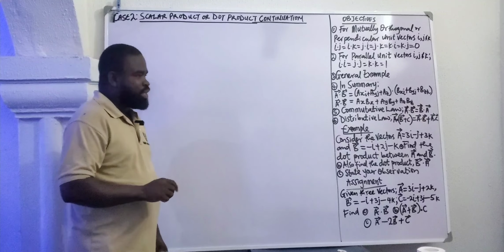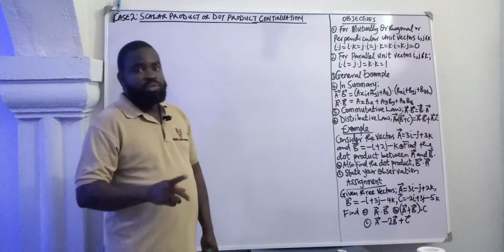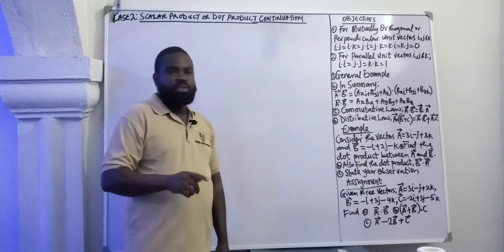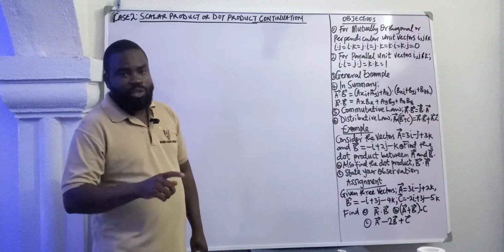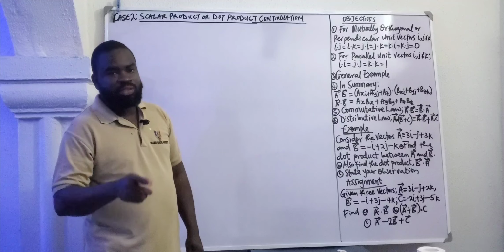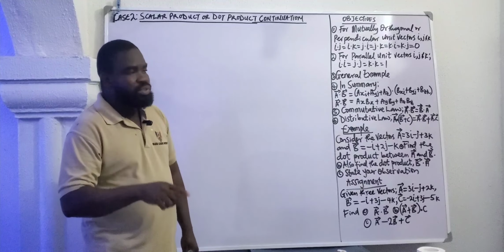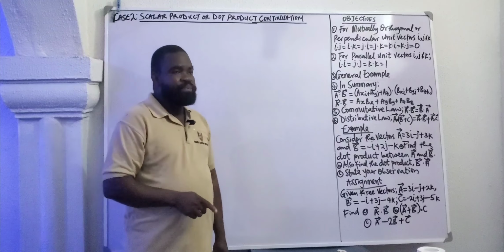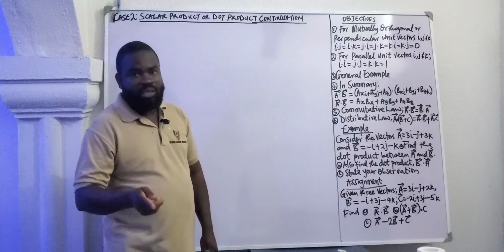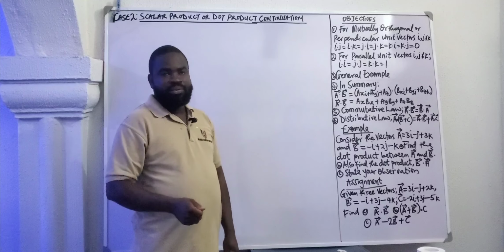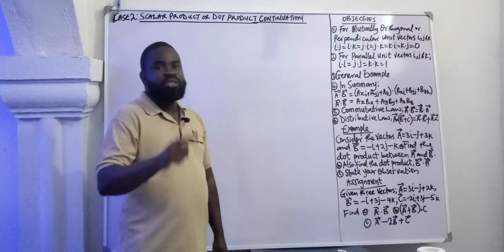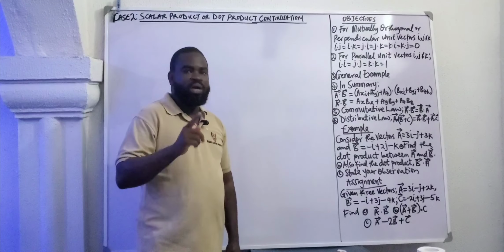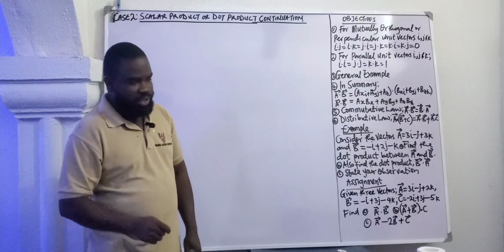In our last class, we emphasized that two vectors A and B, when they multiply, will give us magnitude of A times magnitude of B cos of the angle between them. And then we said if the angle between the two vectors A and B is 90 degrees, cos 90 gives us 0, which means the two vectors are mutually perpendicular to each other.